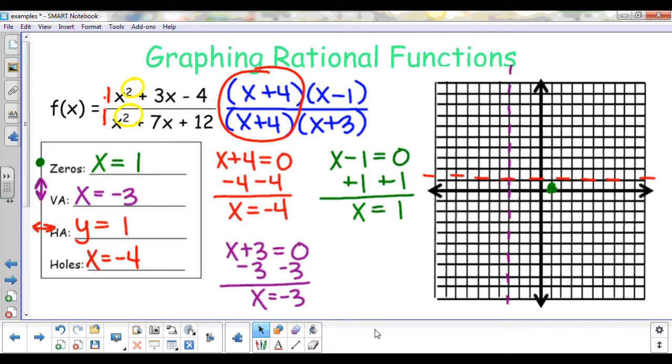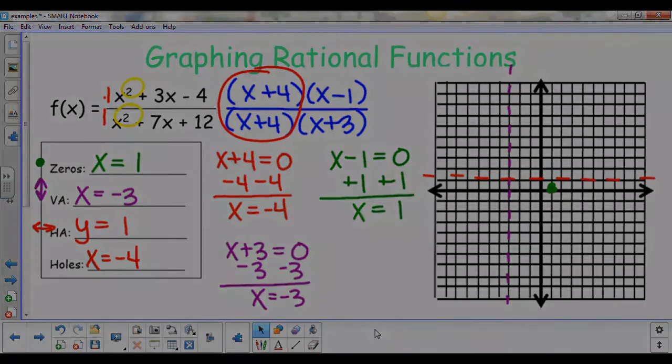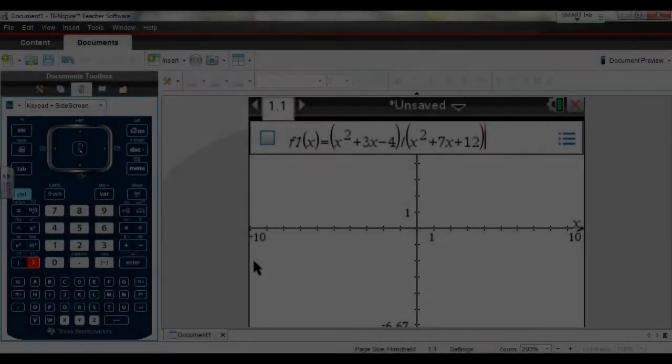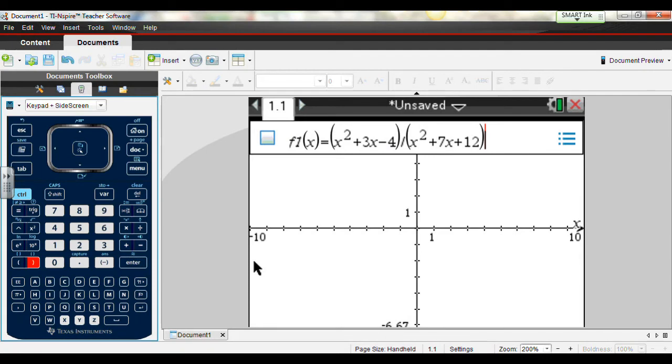So I'm going to go to my calculator and put the original equation in, and I'm going to use parentheses to block off the numerator from the denominator. So I've put my rational function in the calculator, and you can see I have my numerator in parentheses, my division in between, and then my denominator in parentheses.